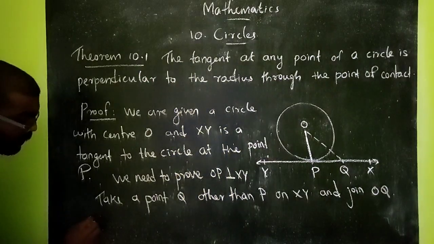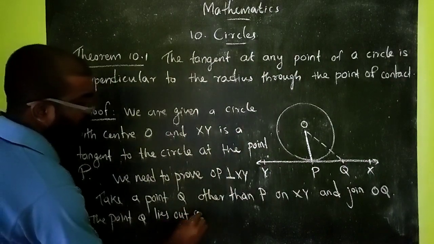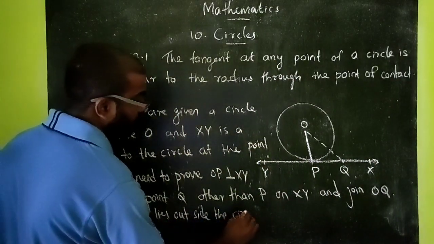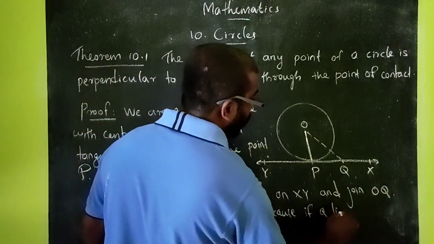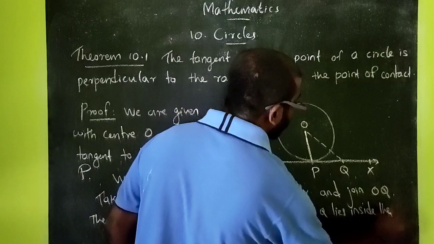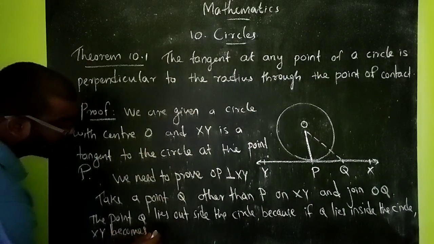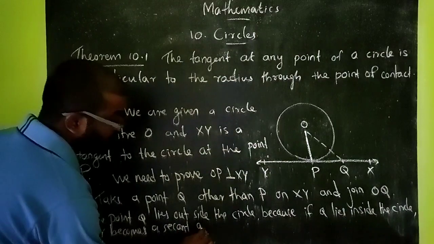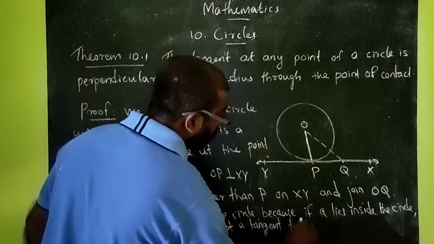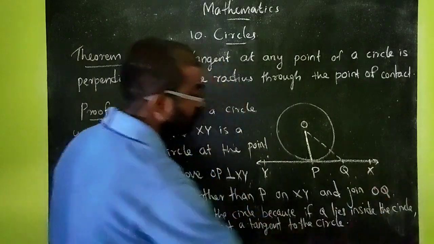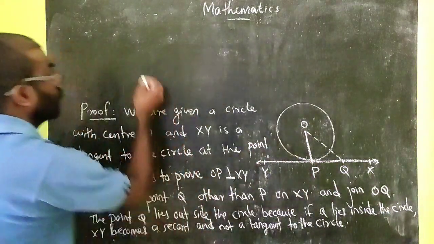So here we can write, the point Q lies outside the circle, because if Q lies inside the circle, XY becomes a secant and not a tangent to the circle.